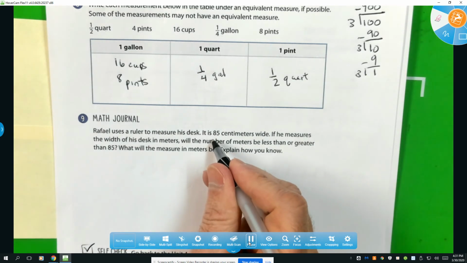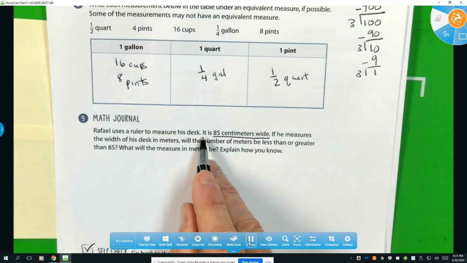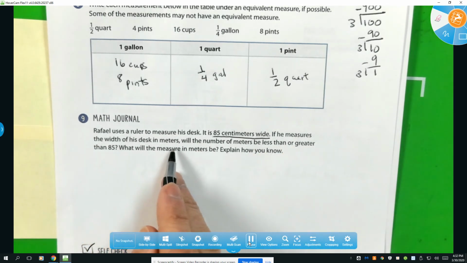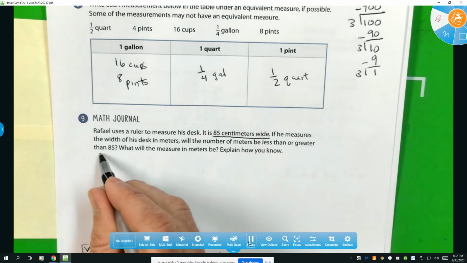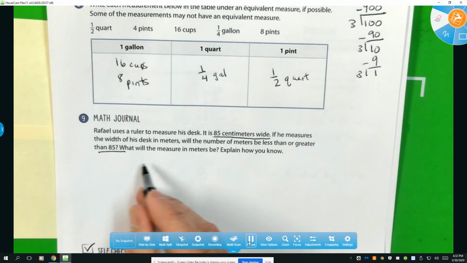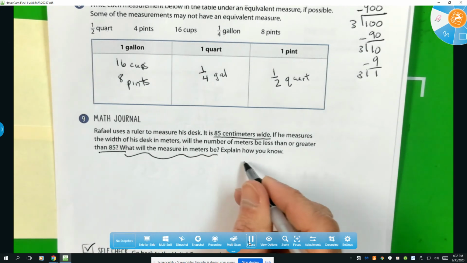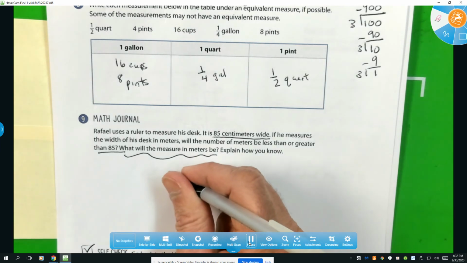So we have, first of all, 85 centimeters. Raphael uses a ruler to measure his desk. It's 85 centimeters. If he measures the width of his desk in meters, will the number of meters be less than or greater than 85? Okay, what will the measure in meters be? Explain how you know.